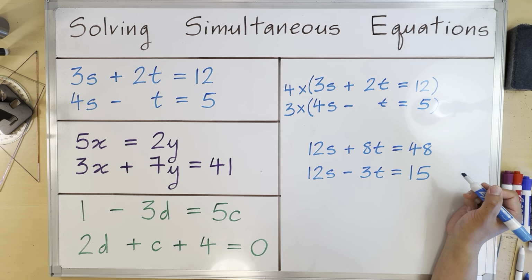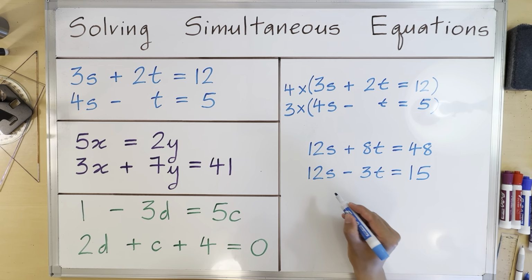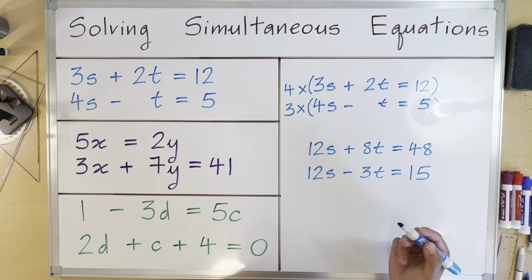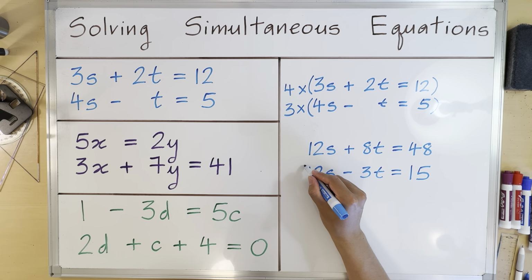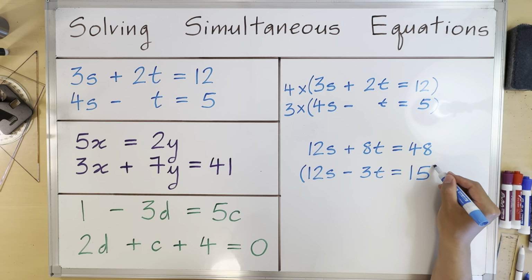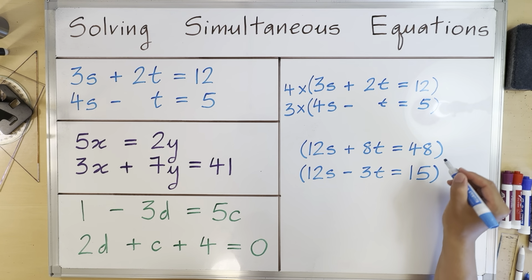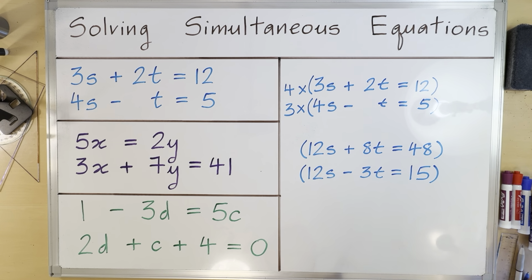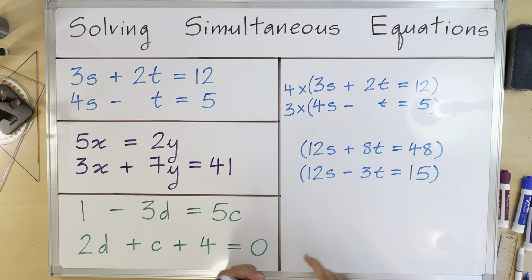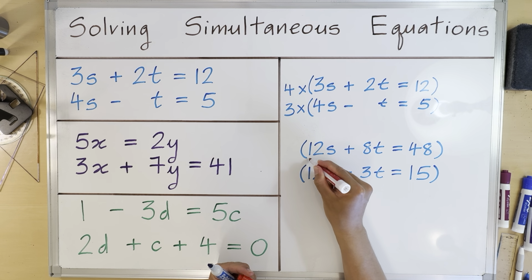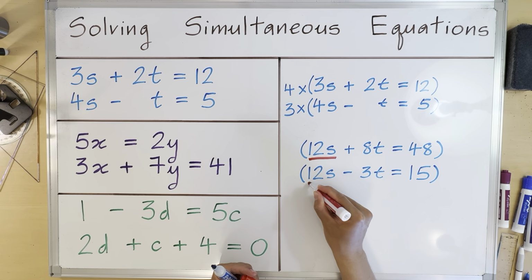Now what we want to do is that we want to subtract, not add, but subtract this second equation right here from the first equation in order to get rid of the 12s and the 12s.